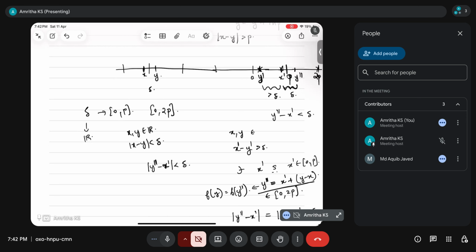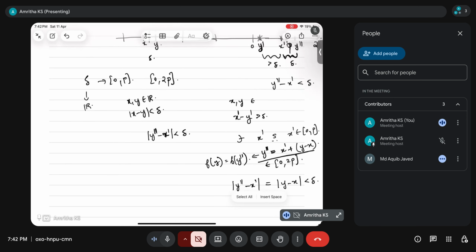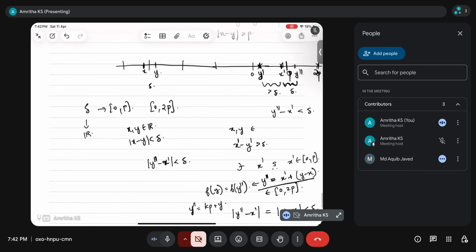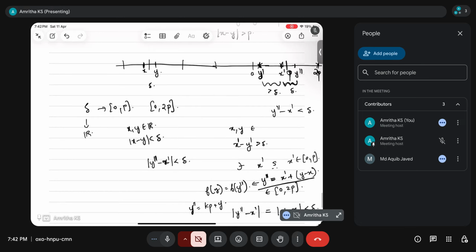For this to happen, you need y double dash to be kp plus y. Yeah, it is exactly this.